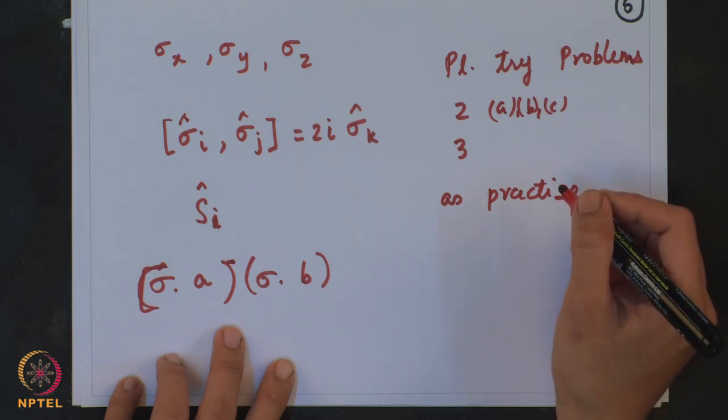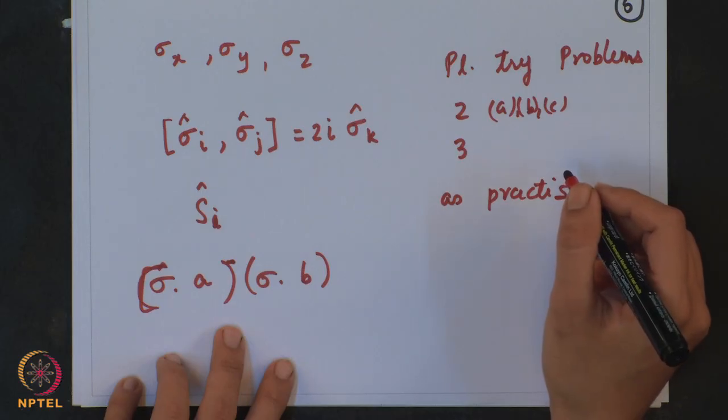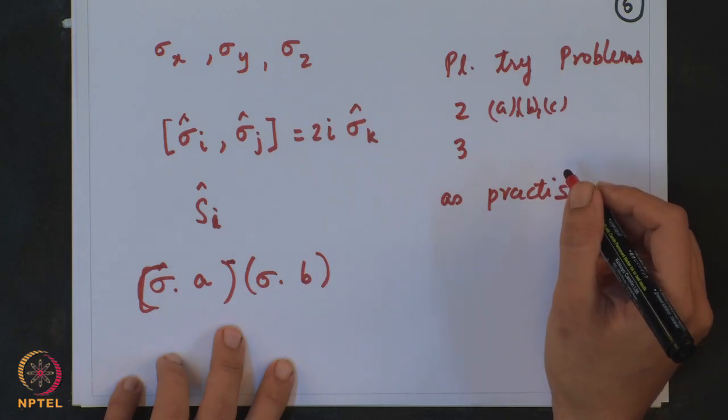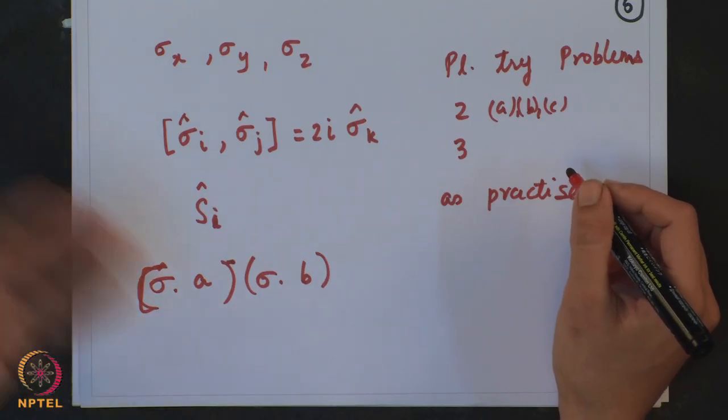And the third problem is what will be the nature of the operator Lz minus H cross into Lz plus H cross. You have to assume the eigenstate of Lz as plus and minus state. You now understand how to write it in terms of plus, minus and 0 state. We discussed it in the last tutorial.